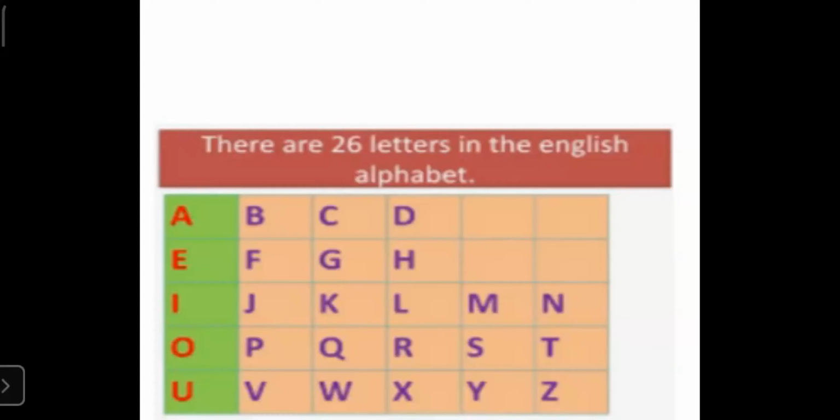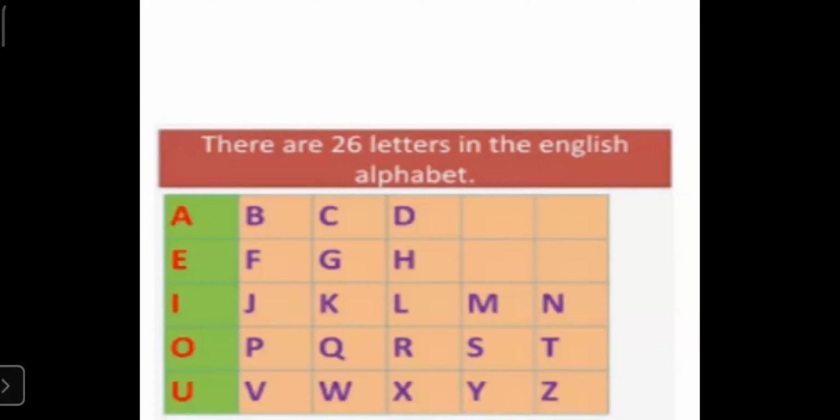So, which are the 5 letters that are called vowels? Letters like A, E, I, O, and U are called vowels.